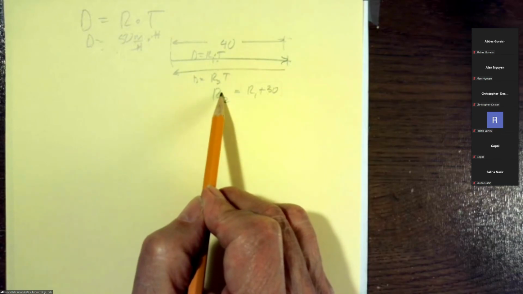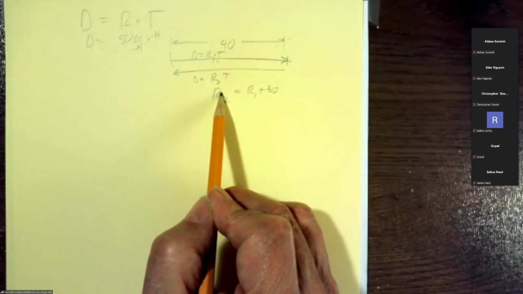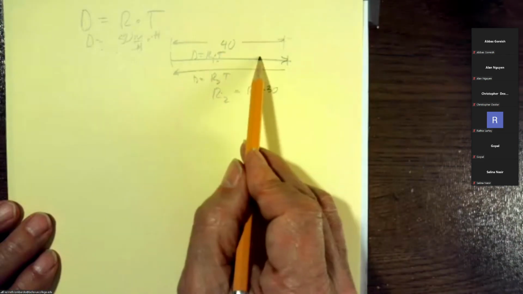And the question is, can you express the total time to complete the trip as a function of the outgoing rate, the outgoing velocity?